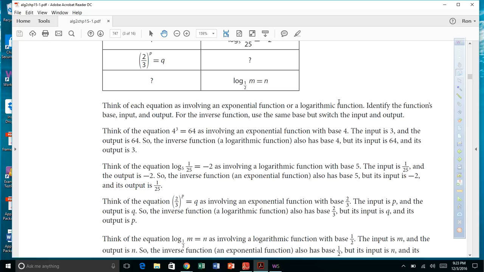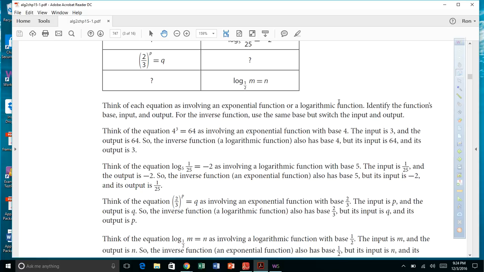Think of the equation 4 to the third equals 64 as involving an exponential function with a base of 4. The input is 3 and the output is 64. So the inverse function, a logarithmic function, also has a base of 4, but its input is 64 and its output is 3.